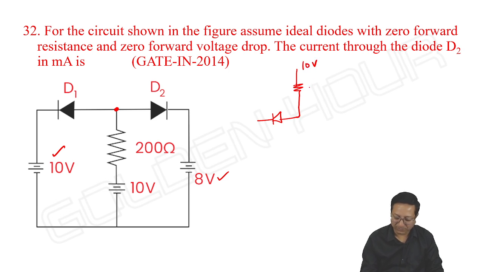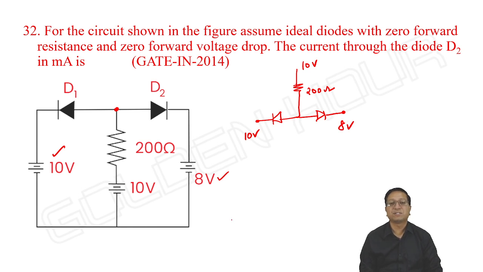This is 10 volts, from 10 volts to a 200 ohm resistor. After that, anodes of two diodes. We can write it even like this also. One cathode is at 10 volts and another cathode is at 8 volts. Which diode conducts? The diode with the lowest cathode voltage only conducts. Both are one and the same.